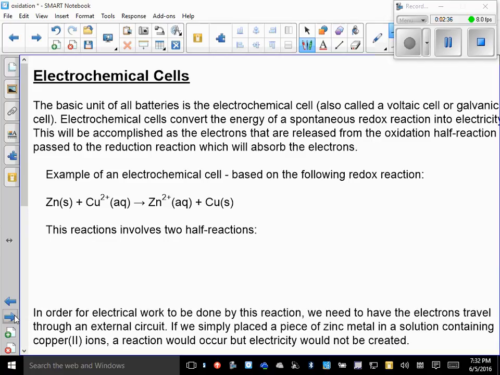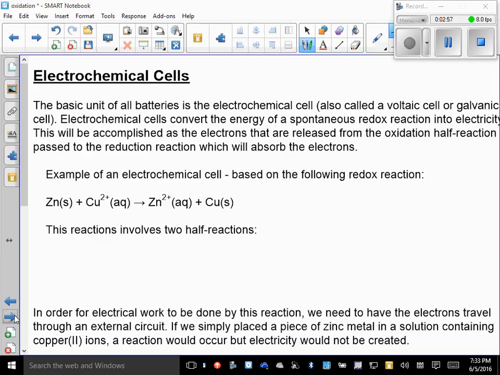So first we're going to talk about the electrochemical cell. So chemical to electrical. The basic unit of all batteries is something called a chemical or electrochemical cell. We can also say voltaic cell or galvanic cell. Those are other words for electrochemical cell.